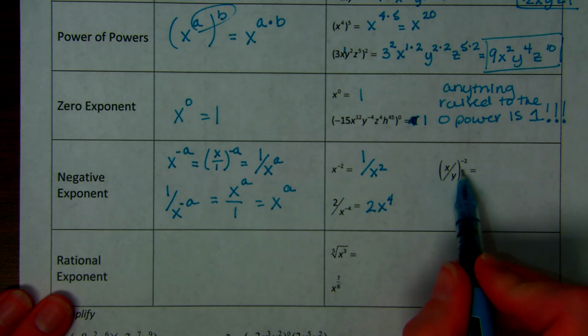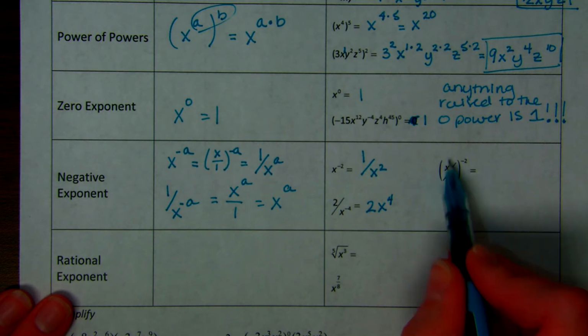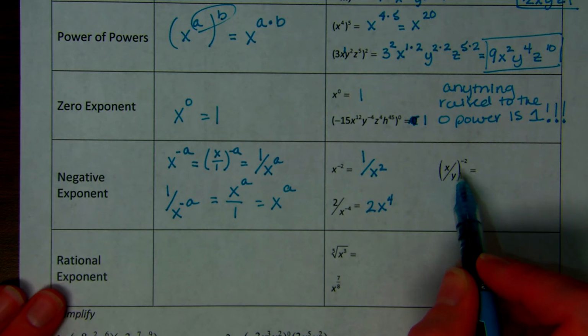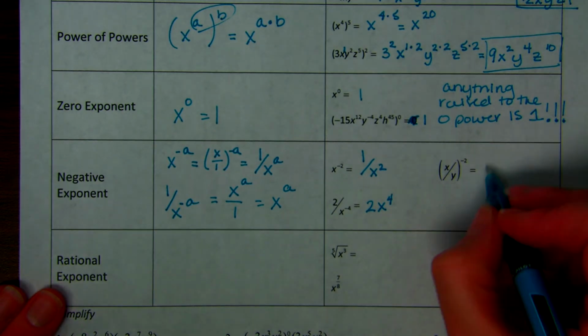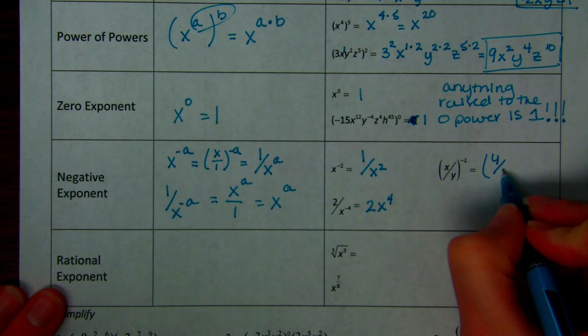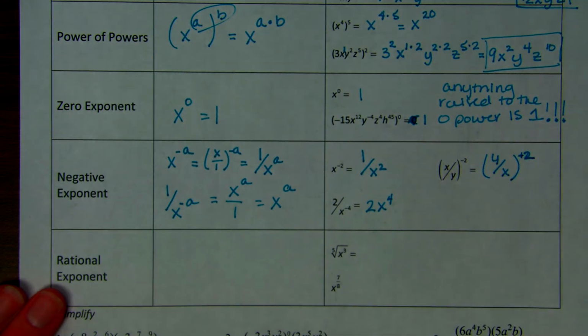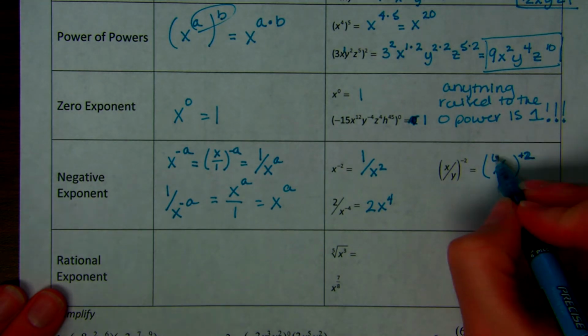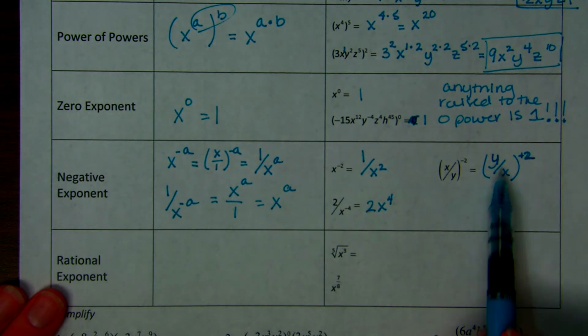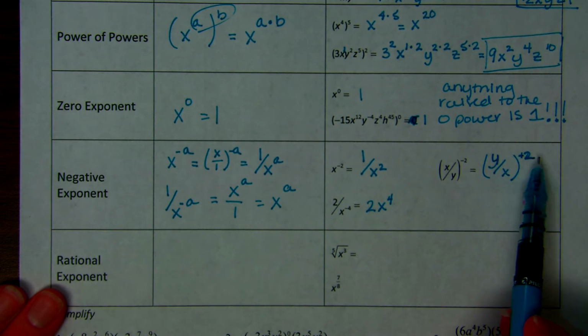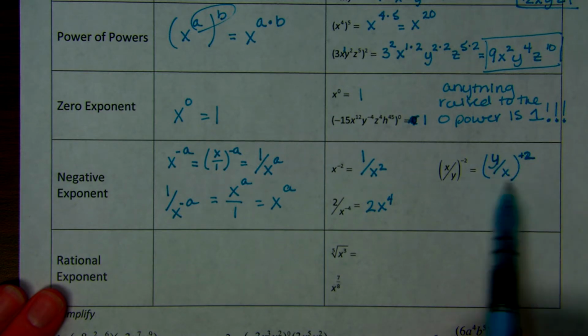All right, last one is this one. When you have a fraction with a negative exponent on it, what that is saying to do is flip the entire fraction. So this becomes y over x to the positive 2. And so we're not quite done with this one, because when you have a power out there, this is the power of powers property, that can be distributed to both pieces.